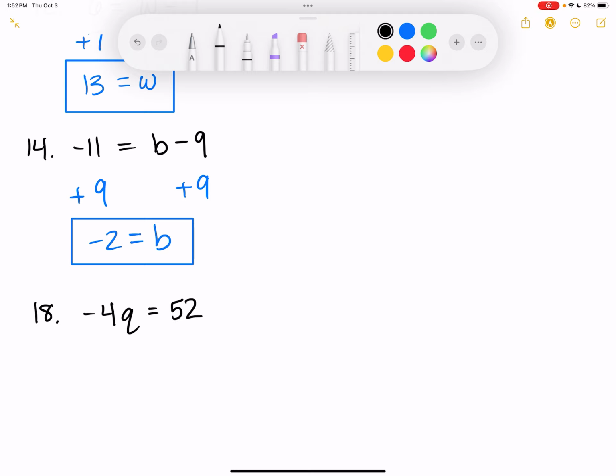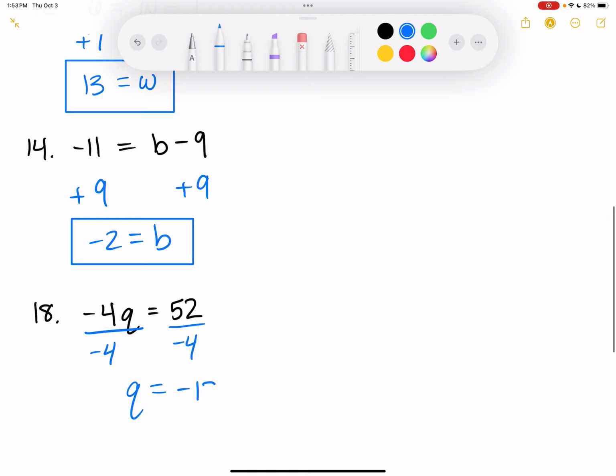If something's being multiplied, to undo multiplication, I do division. So I'm going to divide by -4 on both sides. So I end up with Q equals, what is 52 divided by -4? -13.